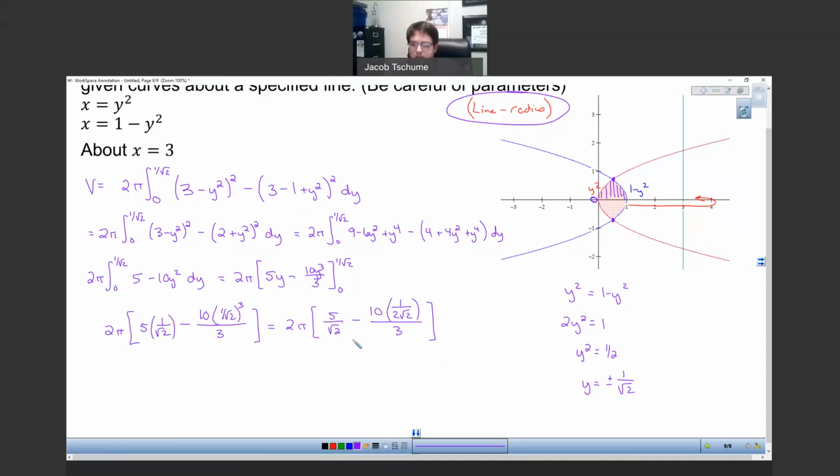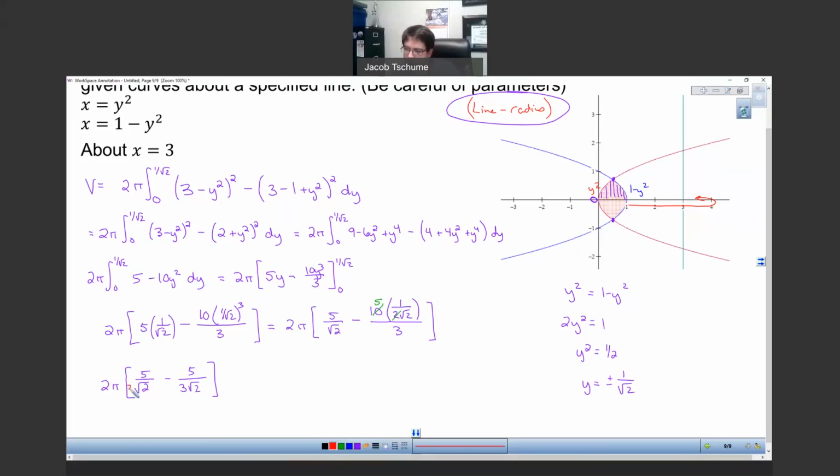So this would end up being 2 pi times 5 over root 2 minus 10 divided by 2 gives me a 5. So this would end up being 5 over this root 2 that's left over, and the 3 on the bottom would go together and make that 3 root 2. And now you've got to get common denominators to put these together.